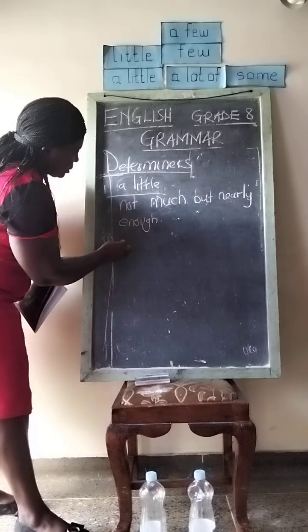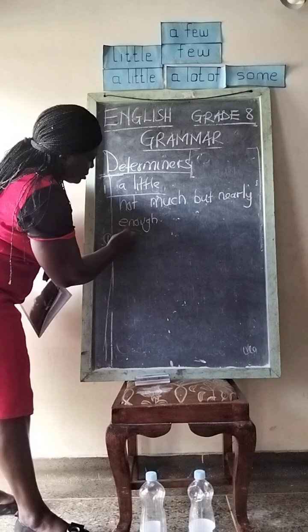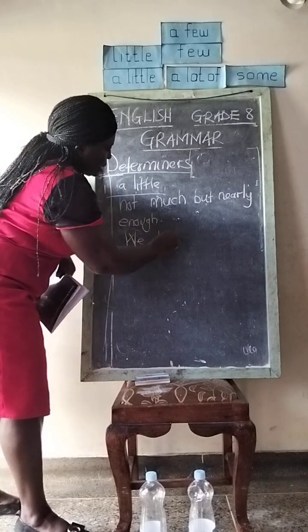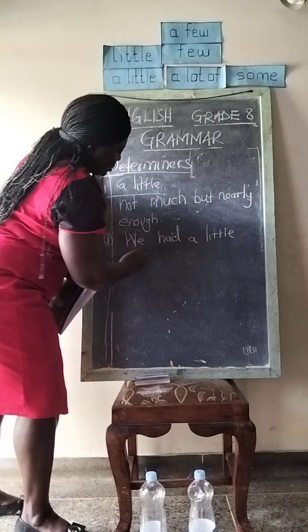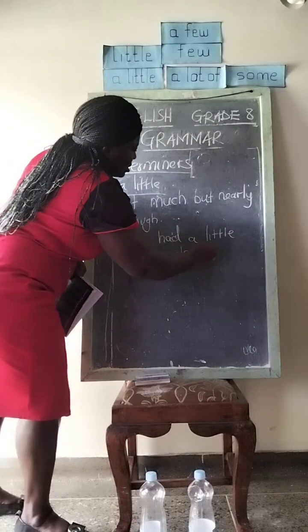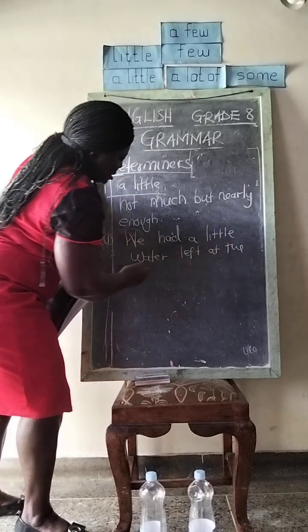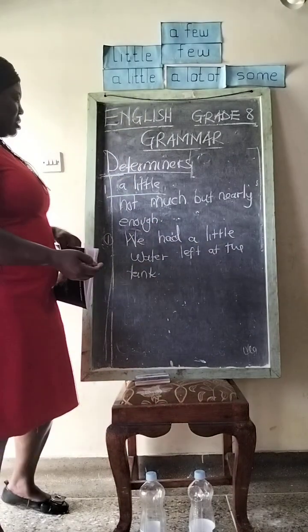You can say, we had a little water left at the tank. We had a little water left at the tank. Also give you another sentence.